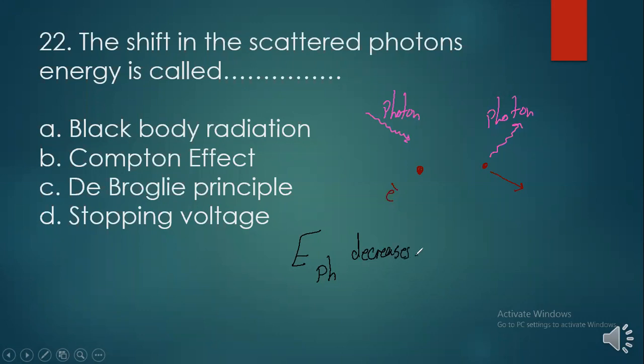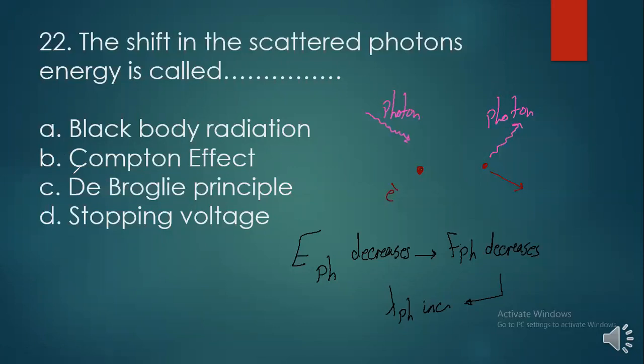The energy of the photon decreases, and accordingly, the frequency of the photon also decreases. And since the frequency and wavelength are inversely proportional, when the frequency decreases, the wavelength of the photon increases, and this is what is called Compton effect or Compton shift sometimes.